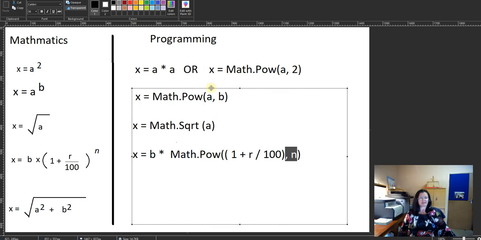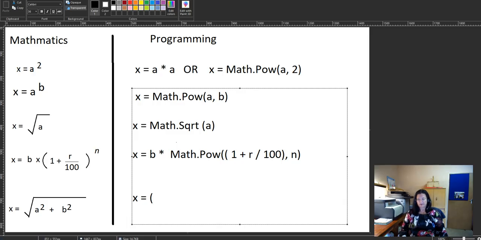So n is the second thing. This all is the first value included in the parentheses, and power of next value. So for the last example, I need the square root of.